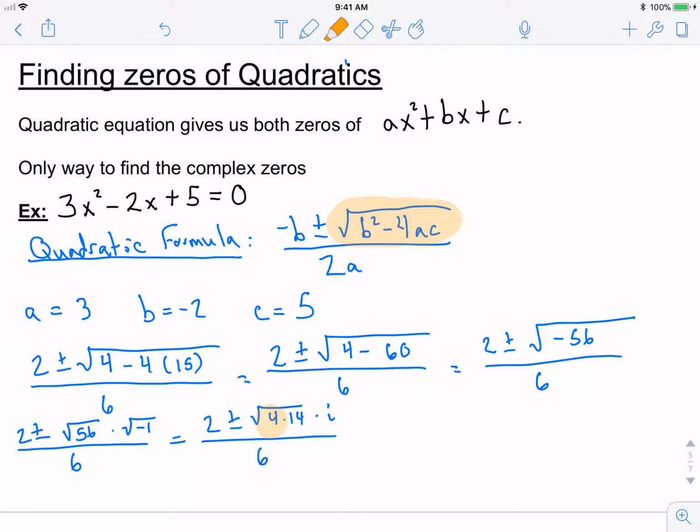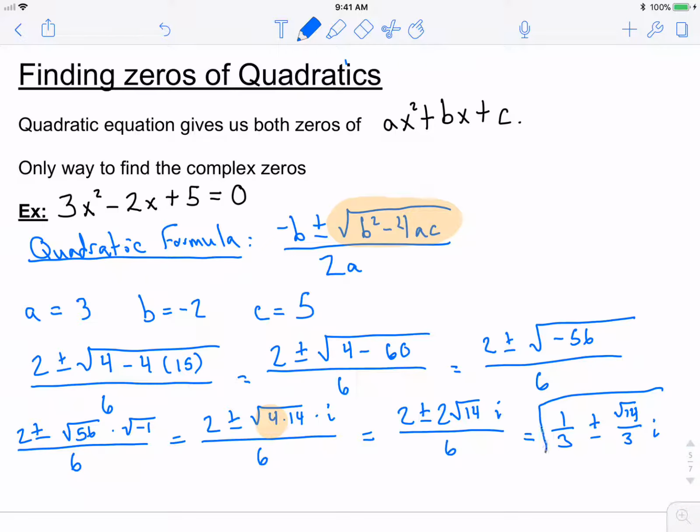Here, the square root of 4 is 2. So this becomes 2 plus or minus 2 times the square root of 14 i over 6. And then we can simplify, get rid of the 2's on top, and the bottom becomes a 3. So this is 1/3 plus or minus the square root of 14 over 3 times i, and here are our zeros.